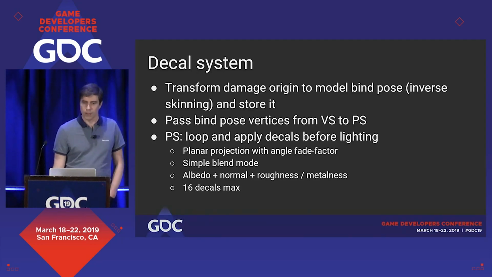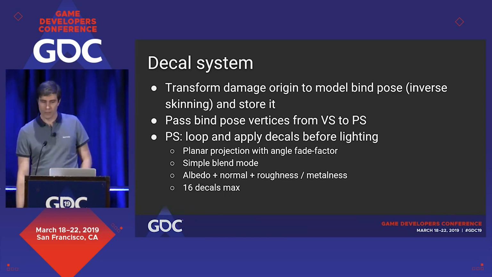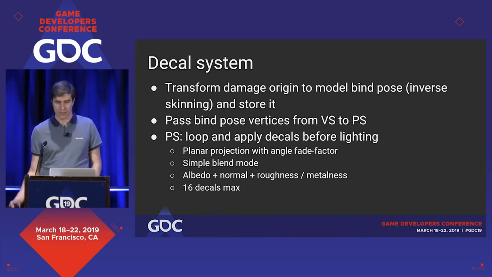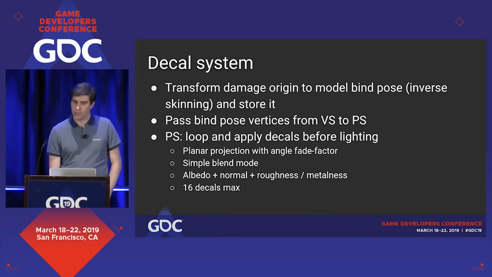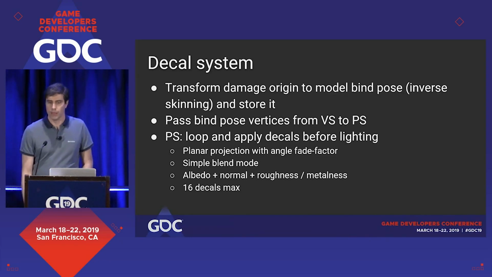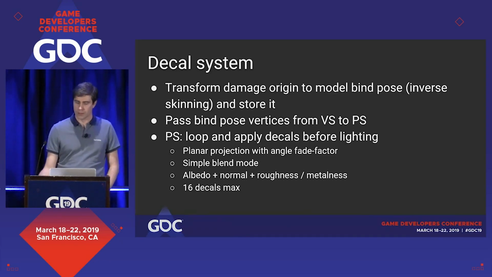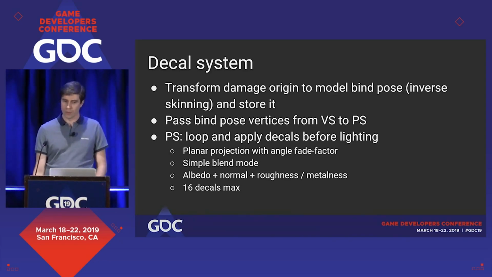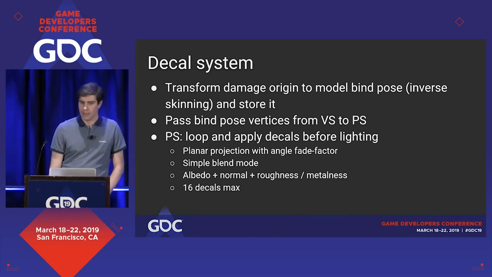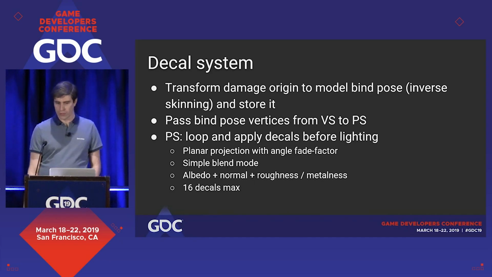All right, and then on top of all that, we need to place decals, right, to create blood stains and hide the stitching. So how do we do decals for zombies? Whenever a hit is detected, like bullet wound or explosion damage, we transform this damage into regional bind pose of the model, and then we store it for each model.